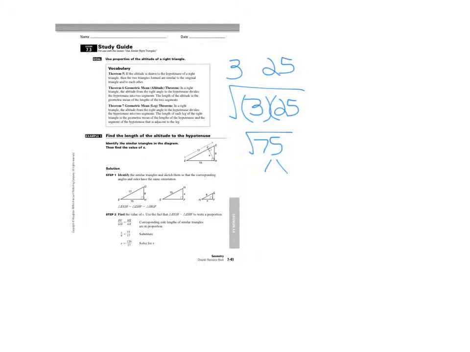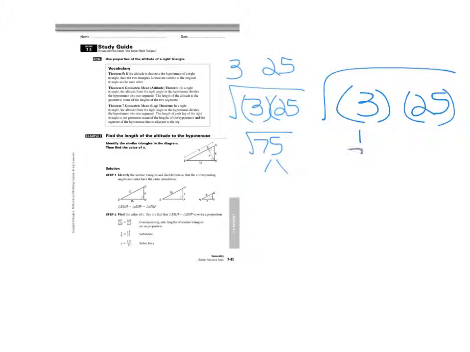So this gives me 75. Because 75 is not a perfect square, I have to break it down. Remember when I taught you this, I told you instead of multiplying, but you guys are using a calculator, so it doesn't really matter. I could have left it apart and then factored them right here.